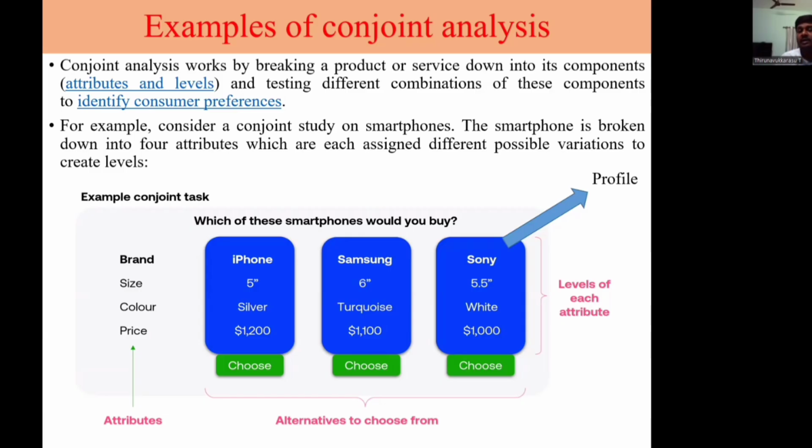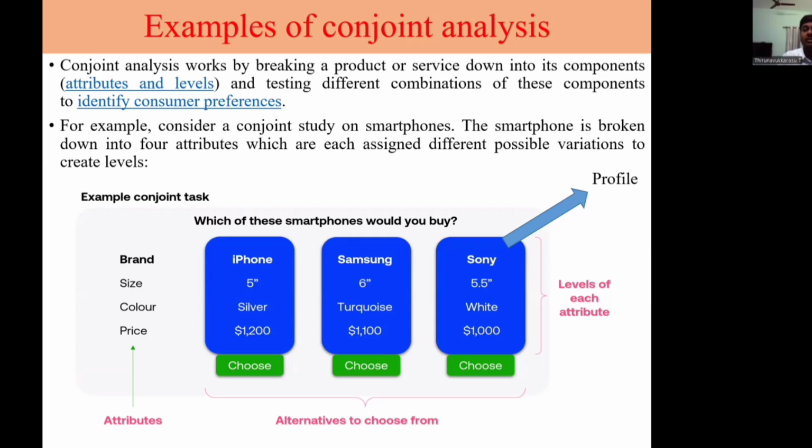I may choose a Samsung, or I may choose an iPhone, or I may choose a Sony. I may choose a Samsung, or I may go with iPhone. That is my individual preference. This preference may be correlated with, for example, if I choose an iPhone.